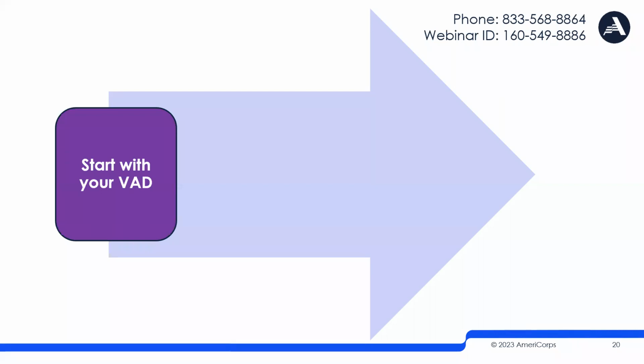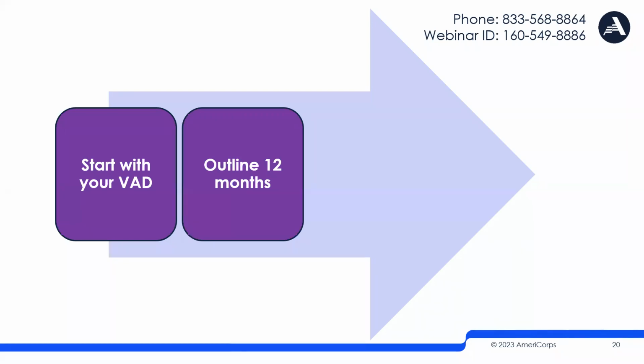Once you have conquered your VAD, the next step is to conquer the calendar. Look at the 12 months of your VISTA year, or however many months you have remaining, right? I want to acknowledge, not everybody is in month 1 who's on our webinar today. Map out those 12 months or however many months, document the key dates that you're already aware of, things that already have shown up for you in your VAD or in your orientation at your project and other work.